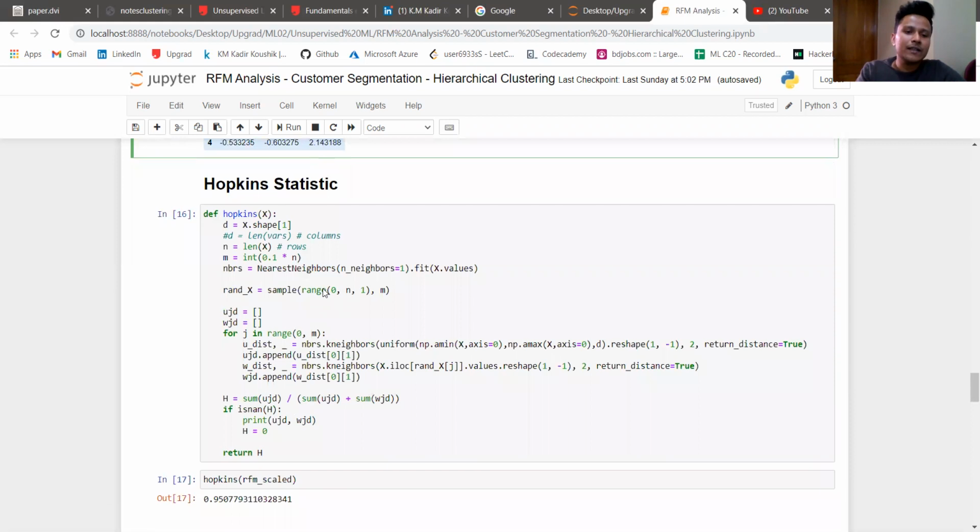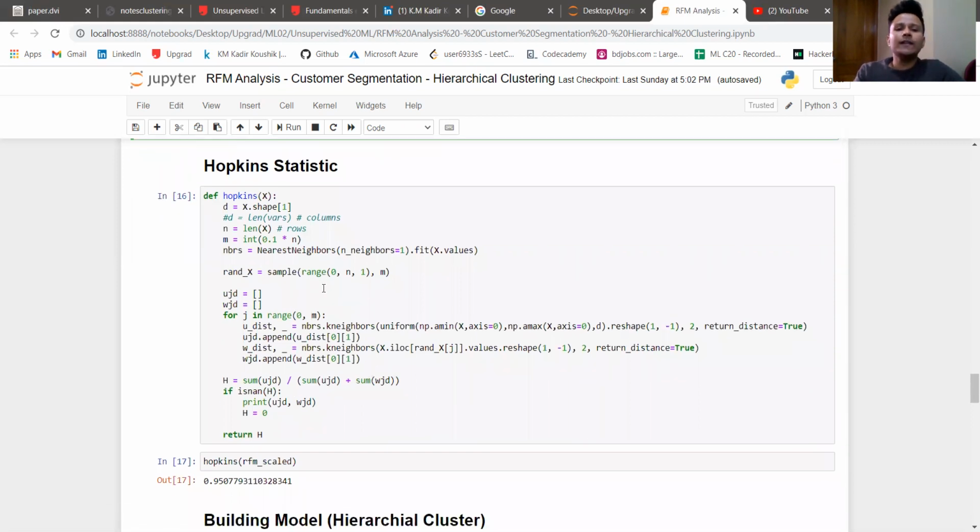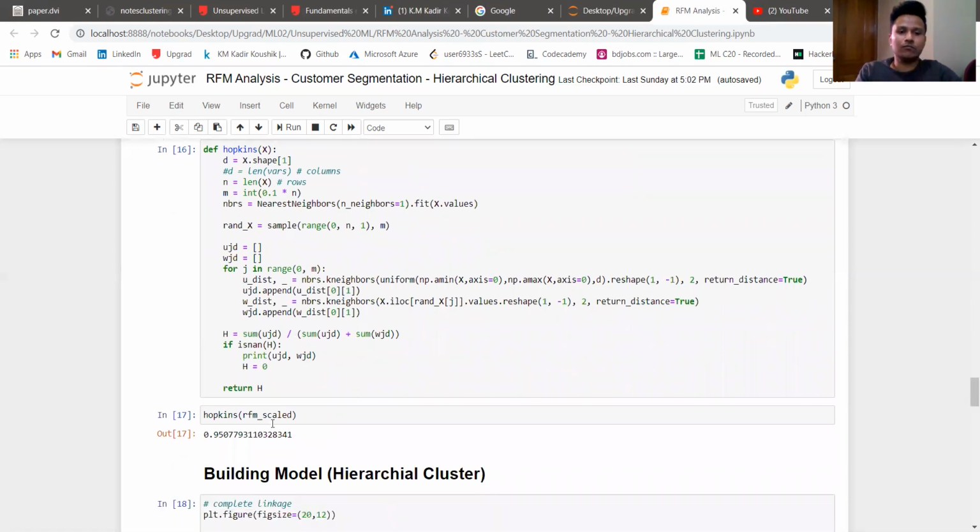The next step is Hopkins statistics. When we are doing hierarchical clustering, it's not mandatory to do the Hopkins test, because it is important in k-means clustering. When we group different data points, here the customers, we have to understand whether the groups are proportionately distanced well enough.